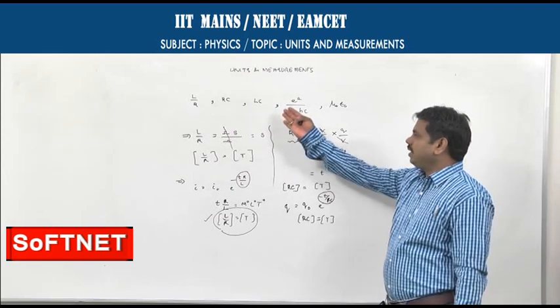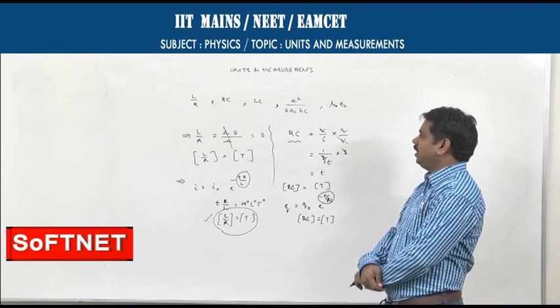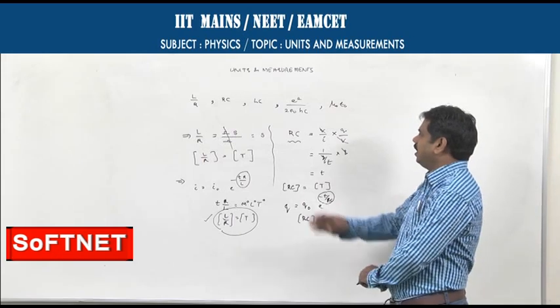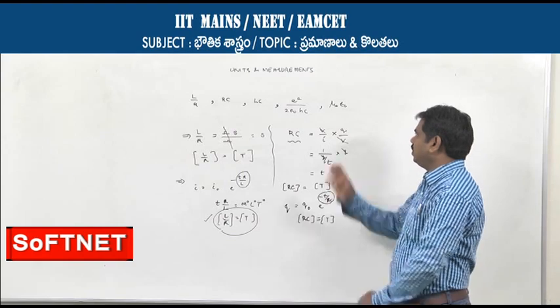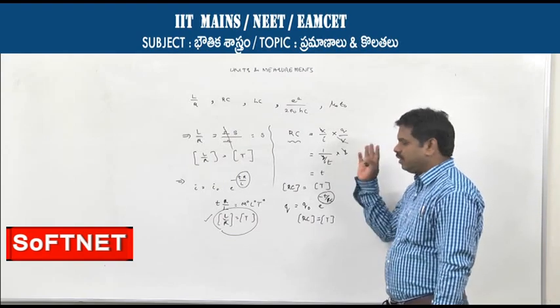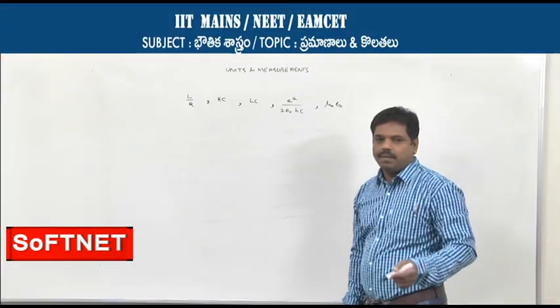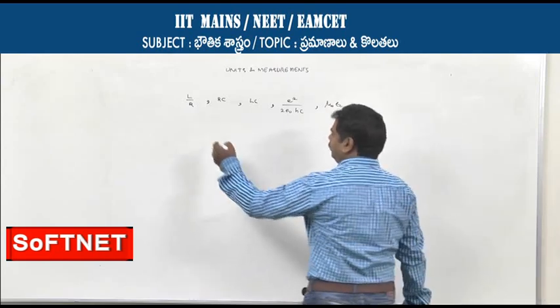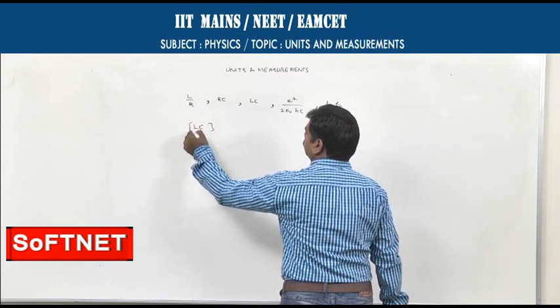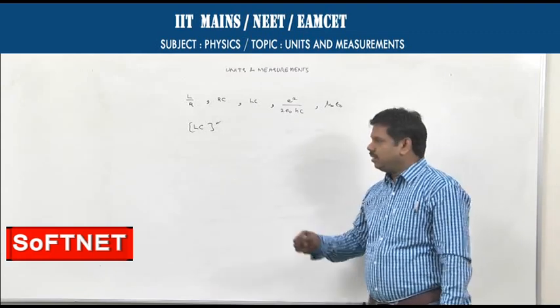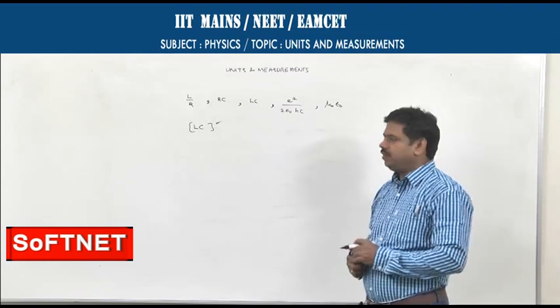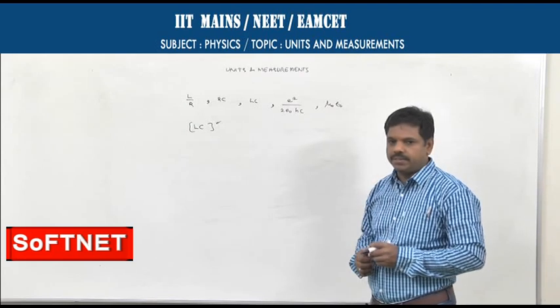And similarly we can get the dimensional formula of LC, as well as the dimensional formula of E square by 2 epsilon naught HC and also mu naught epsilon naught. Let us get the dimensional formula of LC. Again, one ordinary method is writing the dimensional formula of each physical quantity in that expression.